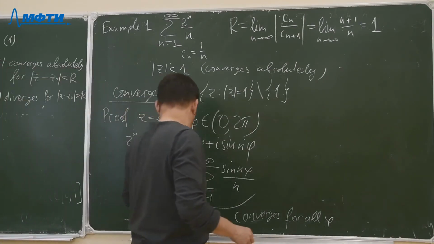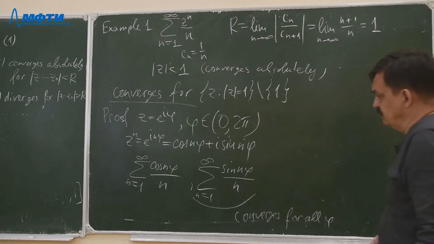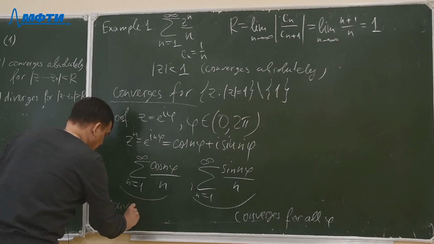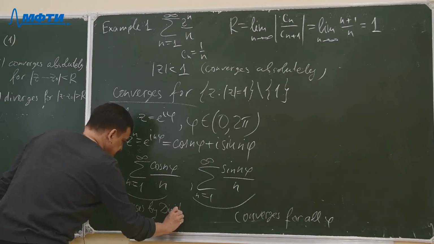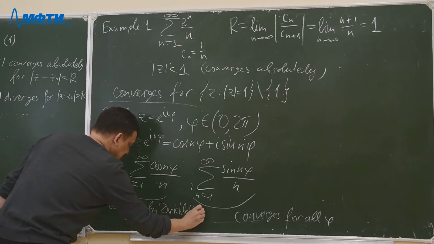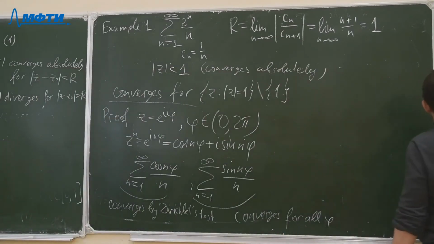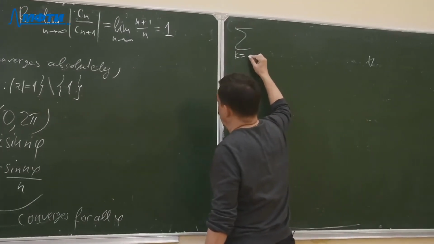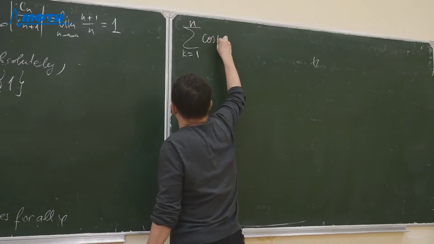But for cosine n phi, in fact, again, it converges by Dirichlet test, and let me give details. So once again we need to consider the sum k from 1 up to n of cosine k phi.